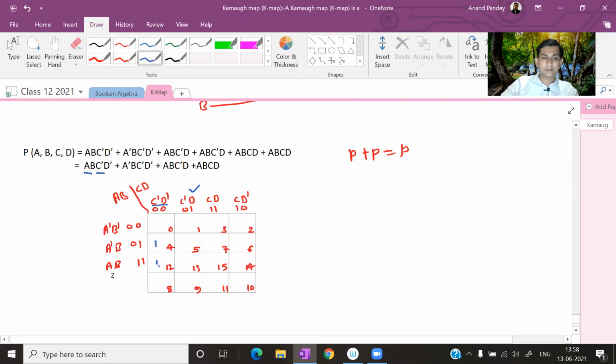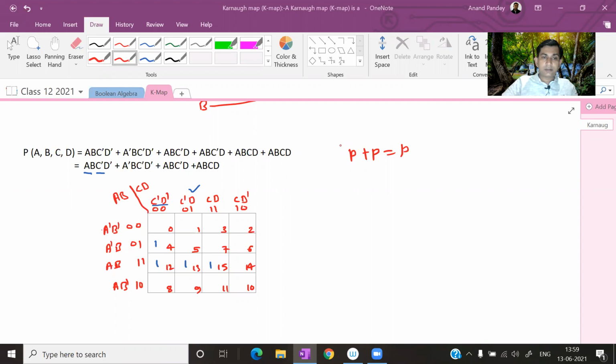Here 1, here 1, and here 1, 0. So we'll have A dash. Finally, we have filled 1, 1, 1 here.